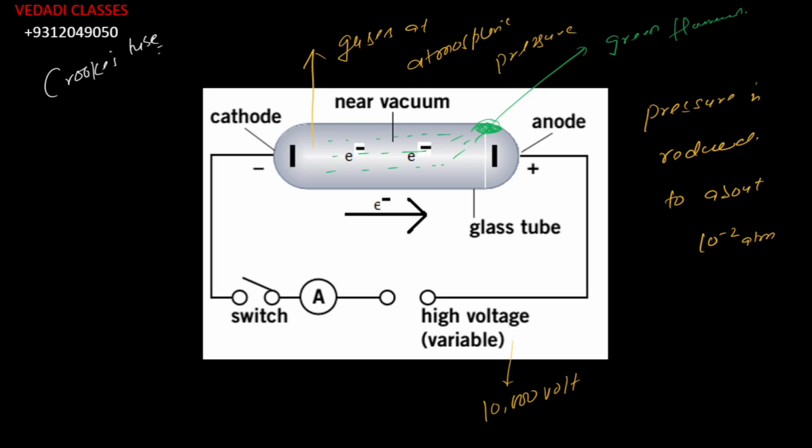These are invisible rays we observe here. So when the pressure is further reduced to 10 power minus 4 atm, the glow between the electrodes disappears. The green fluorescence disappears at this pressure, 10 power minus 4 atm, but the current continues to flow from cathode to anode.